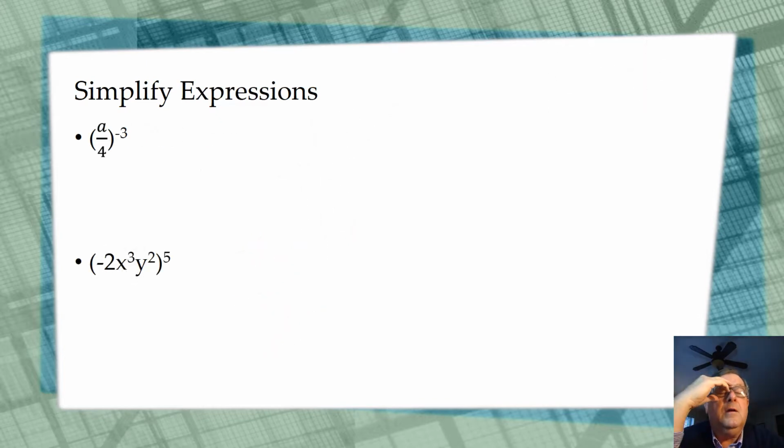All right, now we got, in parentheses, a divided by 4 raised to the power of negative 3. And this actually gives us two things. It gives us negative exponents, because I've got a negative exponent, negative 3, right there. And I've also got the power of a quotient.